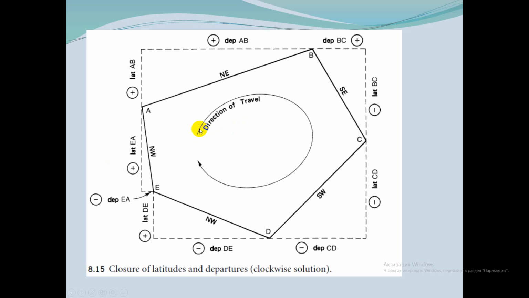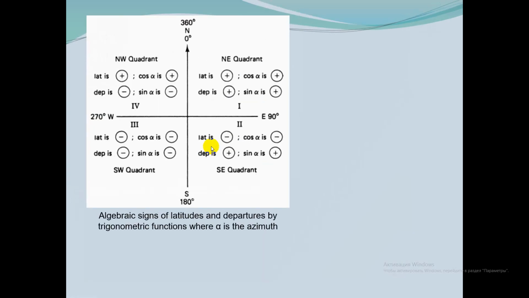So, when bearings are used, the algebraic signs of the latitude and departure are assigned according to the north, south, east, or west direction of the bearing.